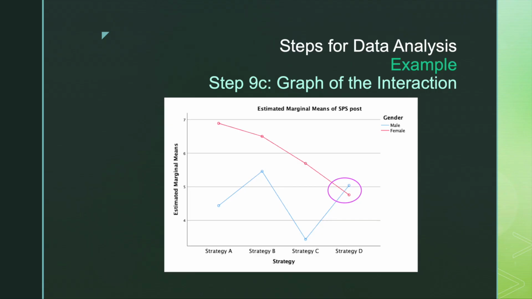Here's the graph of the interaction between strategy A, B, C, and D, as well as male and female. So the female line is the red one, and the male line is the blue one.